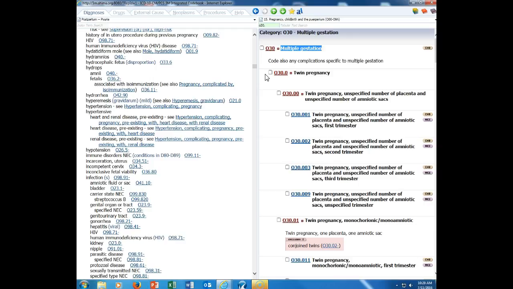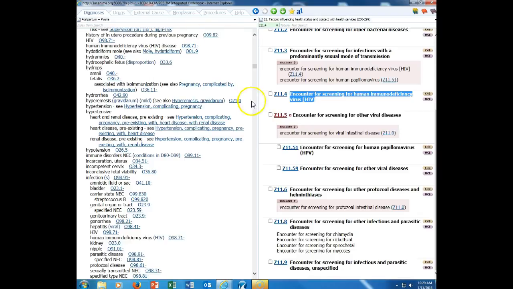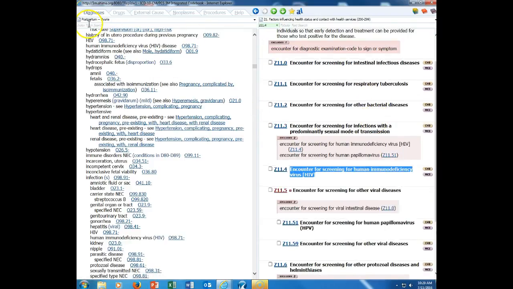Now, also on page 183, we have a patient who has high-risk homosexual behavior. They are coming in for an HIV screening. And when patients are coming in to determine their HIV status, the code that we use is an encounter code.